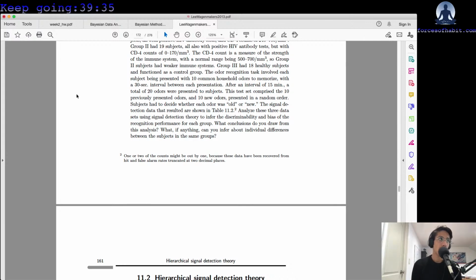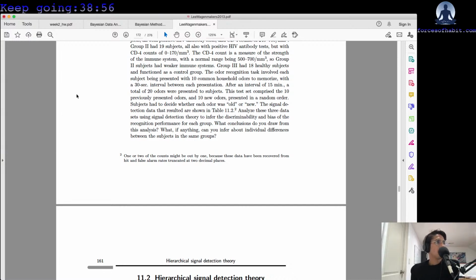So 10 household, 10 other odors, with equal presentation within each subject. So we have the 10 odors, and then we have 10 other odors, and they're randomized. And we had to choose between old and new. So signal here would be identifying an old when it's an old, right?